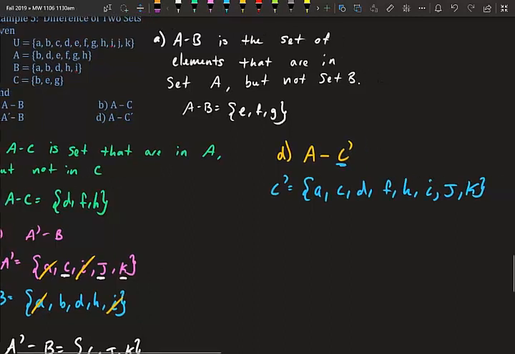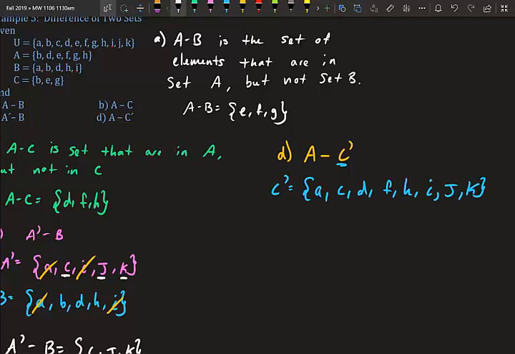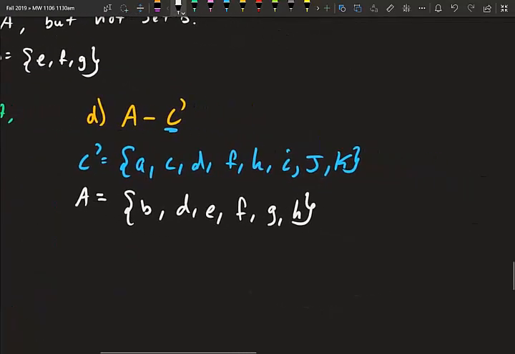Now we need to take A and subtract C. So let me rewrite what A is. Alright, that's A. Now let's cancel some stuff out.